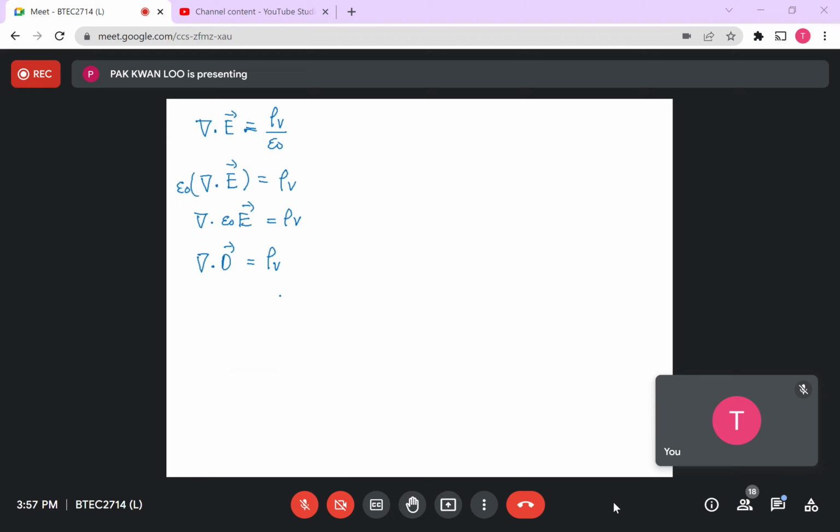So now I'm going to integrate both sides in terms of volume, since this is a volume charge density. That means a triple integration of this.